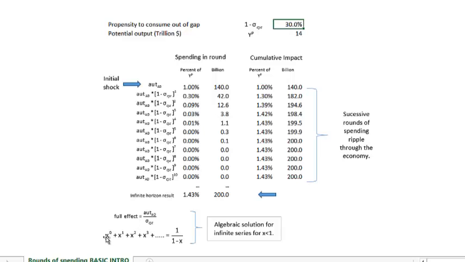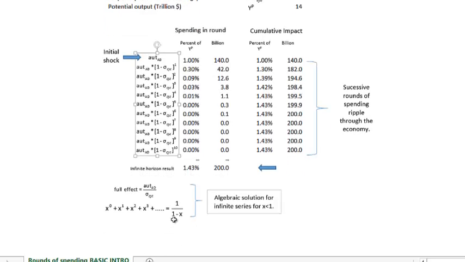And we can think of multiplying this as 1 minus sigma sick to the 0th, 1 minus sigma sick to the 1st, 1 minus sigma sick to the 2nd, 1 minus sigma sick to the 3rd, etc. And you can solve it out, and you'll find that's going to end up being 1 over sigma sick. So you can see now that the full effect of the original shock will be that shock multiplied times 1 over sigma sick. So 1 over sigma sick is our first multiplier.